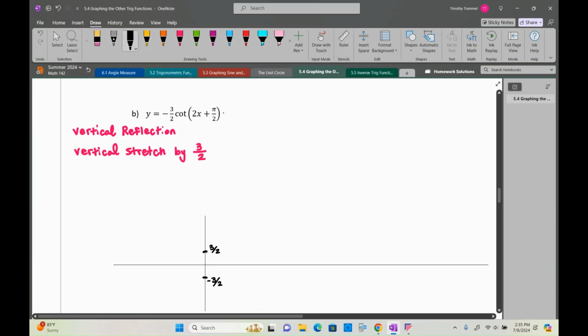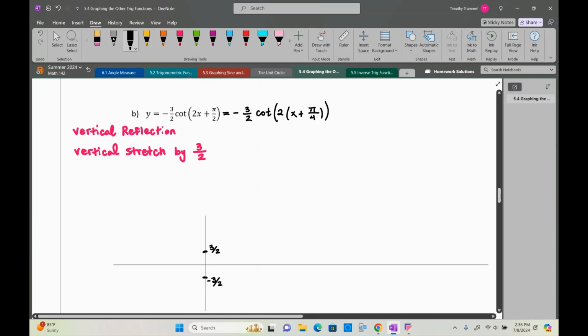So if we want to factor this, we could factor out a 2, and that's going to leave us with pi over 4 here. And I want to remind you all how I got this pi over 4.